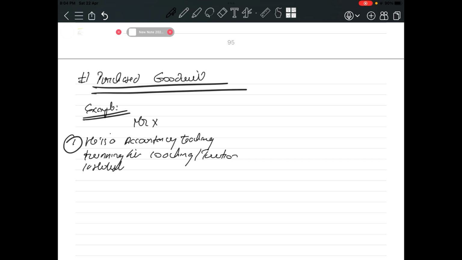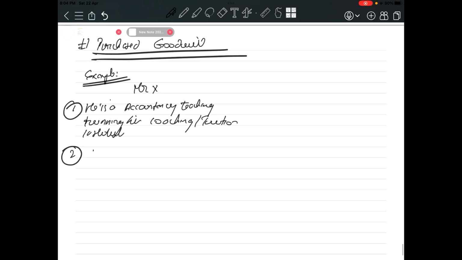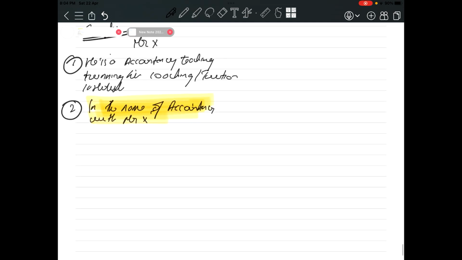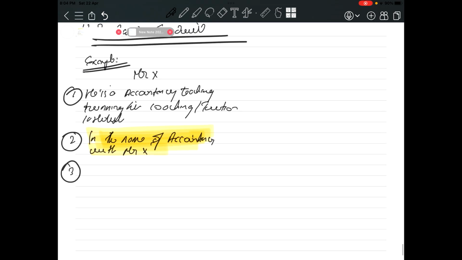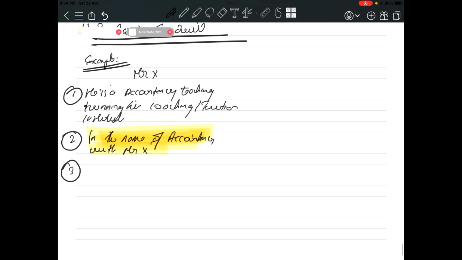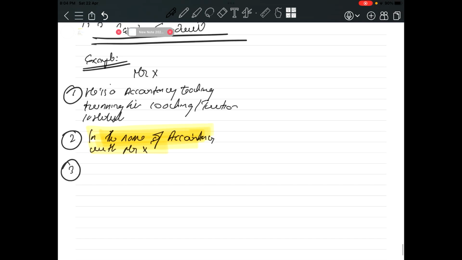Mr. X is running his institute in the name of Accountancy with Mr. X. This is the name of the coaching class. He is an accountancy teacher running an accountancy institute in the name of Accountancy with Mr. X.